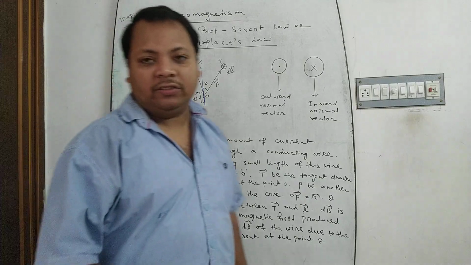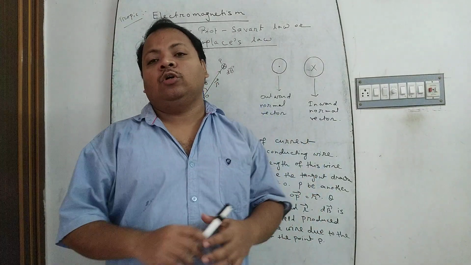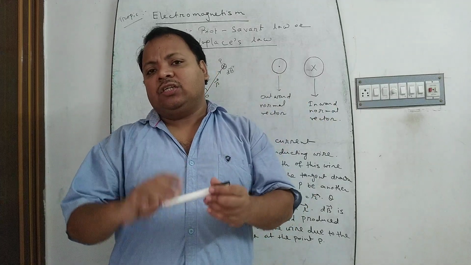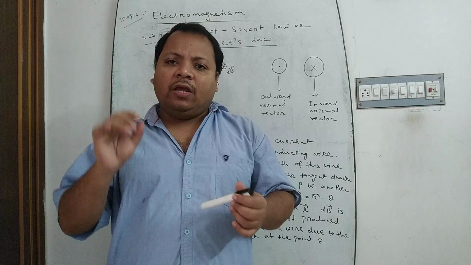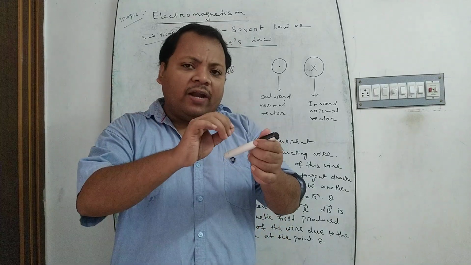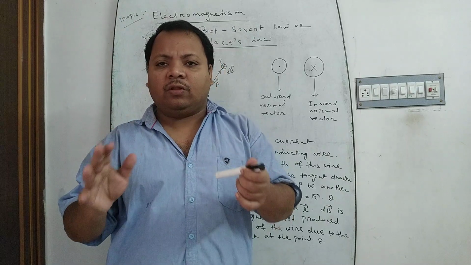What is electromagnetism? You know that when current passes through a wire, a magnetic field is induced around the wire. If a magnet is brought near the wire, then the magnet is repelled or attracted.